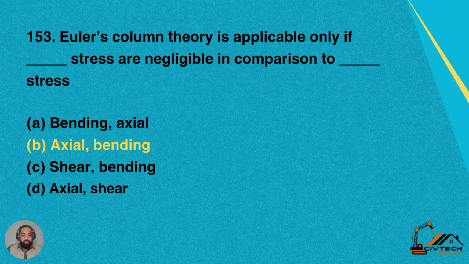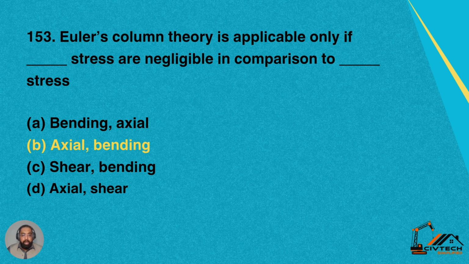Question 153. Euler's column theory is applicable only if dash stress are negligible in comparison to dash stresses. Option A bending and axial.